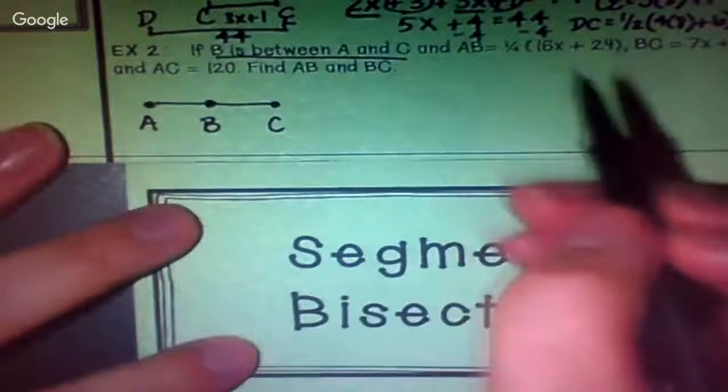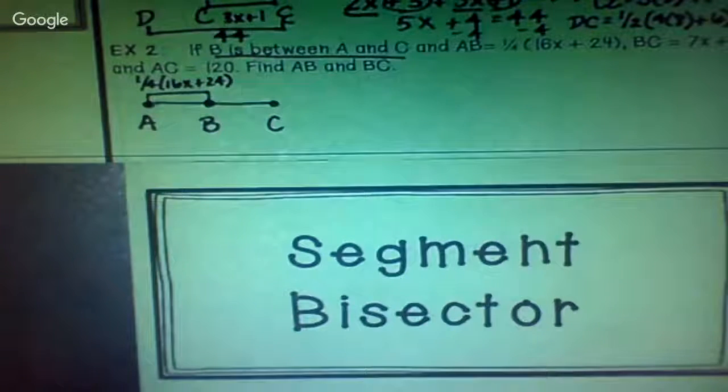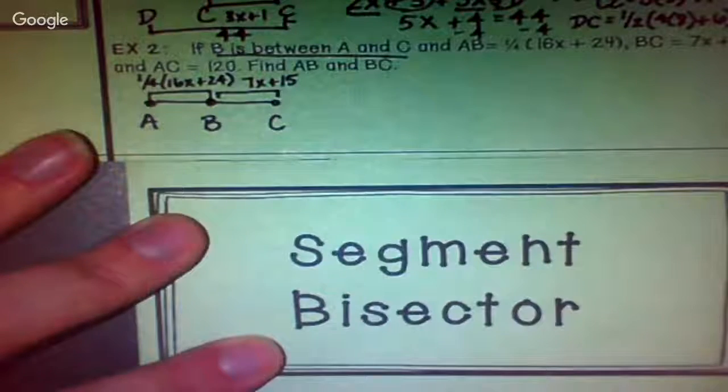Okay, then it tells us that this segment right here from A to B is equal to 1/4 of 16x plus 24. It then tells us this piece right here that goes from B to C is equal to 7x plus 15. And our big piece is equal to 120.